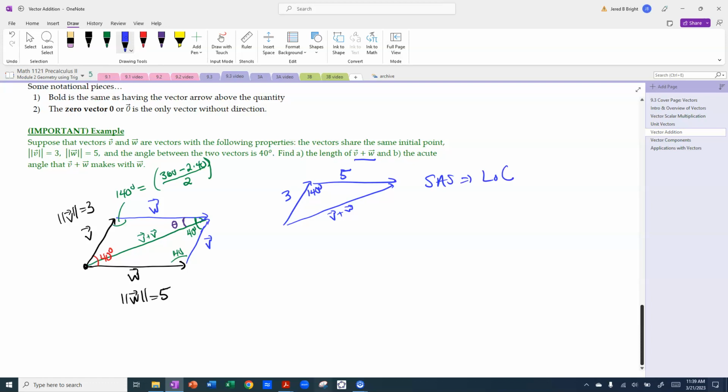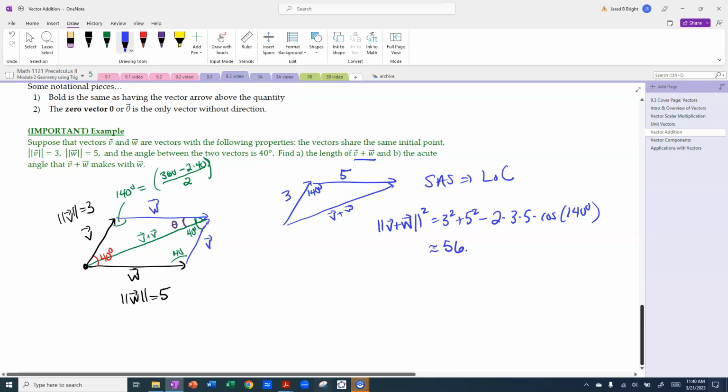So I'm going to find the magnitude of v plus w, the length of that, via law of cosines. Set it equal to 3 squared plus 5 squared, the other two sides squared, minus 2 times 3 times 5 times cosine of the included angle of 140 degrees. When I do that, I get approximately 56.98133.